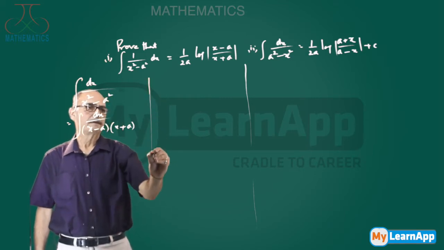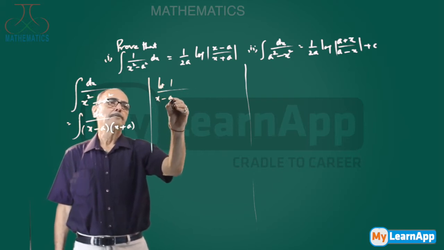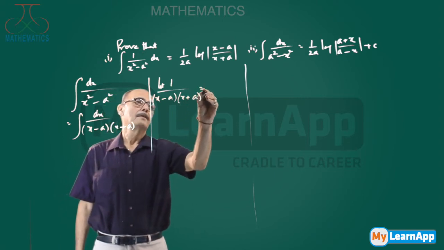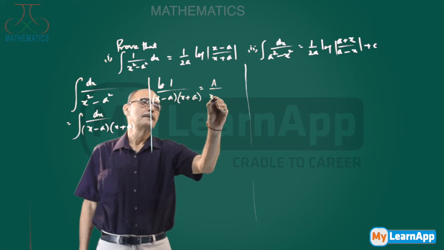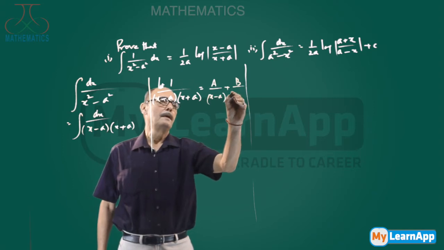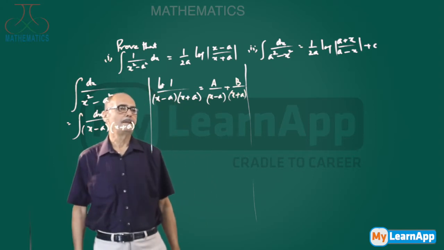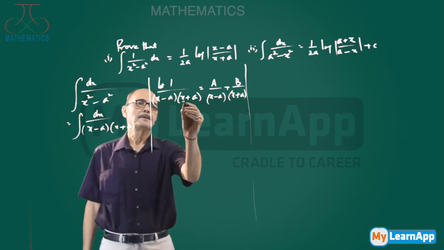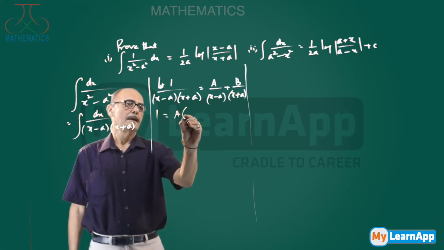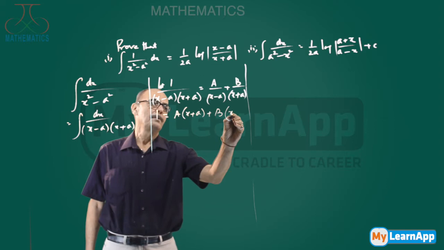For this purpose, let 1 upon (x minus a) into (x plus a) be equal to A upon (x minus a) plus B upon (x plus a). And if you take the LCM as (x minus a) into (x plus a), this can be written as 1 equal to A into (x plus a) plus B into (x minus a).